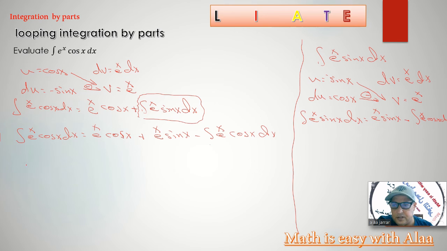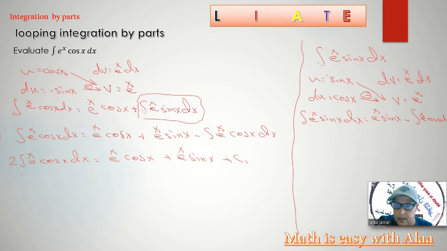Remove this to the other side. It will be 2 times the integral of e^x cosine x dx equal e^x cosine x plus e^x sine x, let us say plus c1.